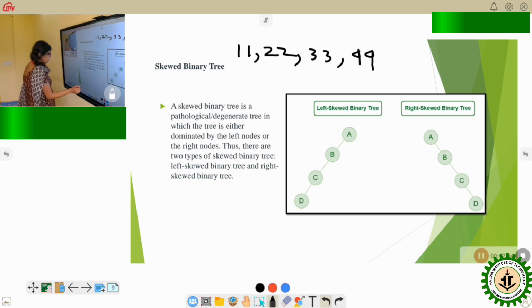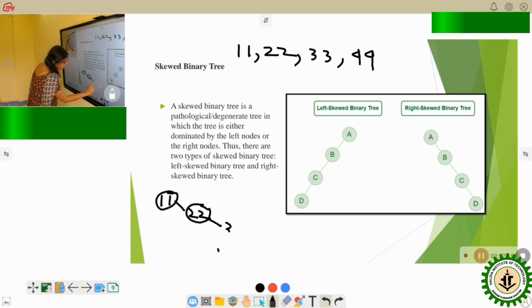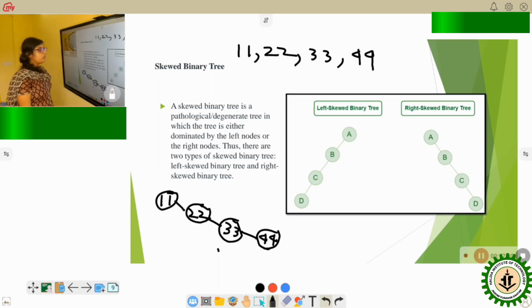First 11 will be created, then 22, then 33, and then 44. So see, there is a skewness problem.